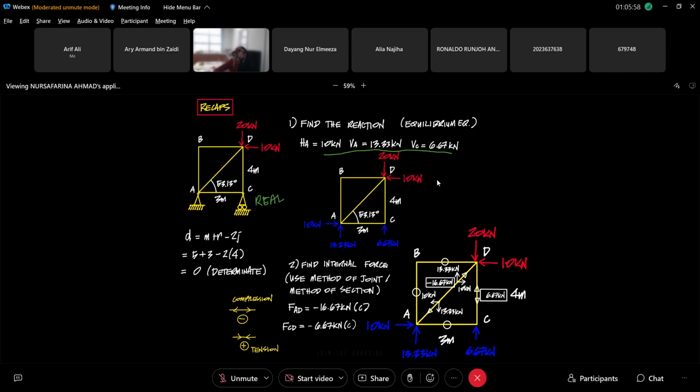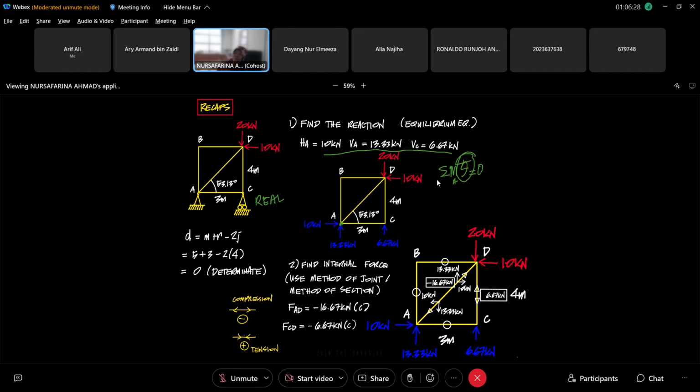Alright. So first we start with taking moment at A. Bila you take moment dekat A, the sign is up to you, your assumption for the sign convention. For me, I'm always using summation of moment, counterclockwise, equal to 0.